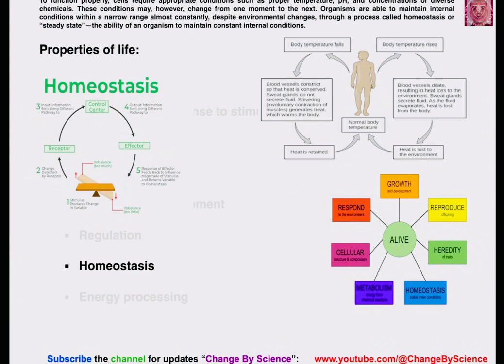Organisms are able to maintain internal conditions within a narrow range almost constantly despite environmental changes, through a process called homeostasis, or steady state: the ability of an organism to maintain constant internal conditions. And that is the most important property of life. So you need to understand homeostasis properly.